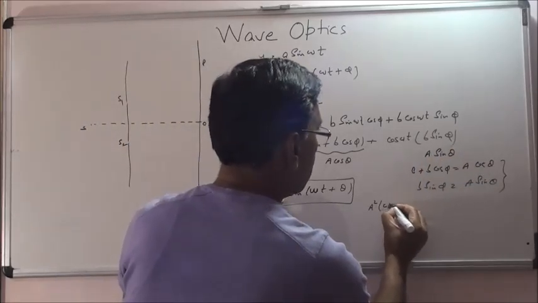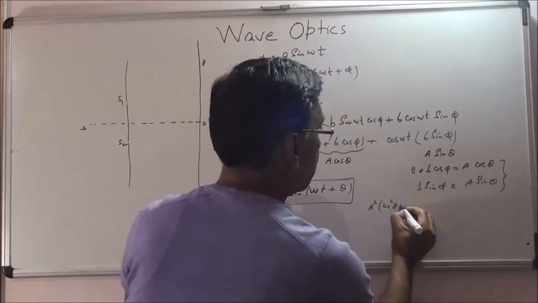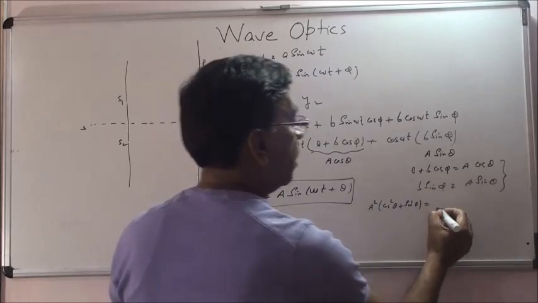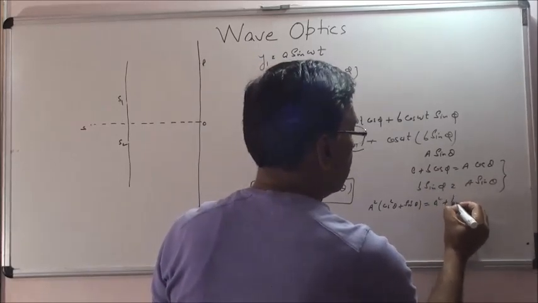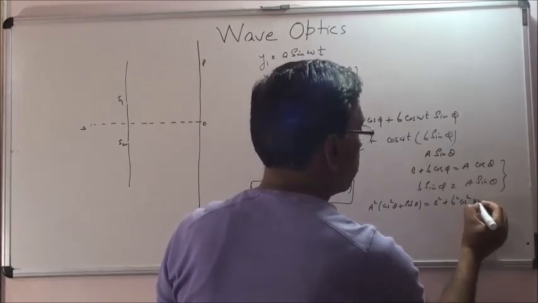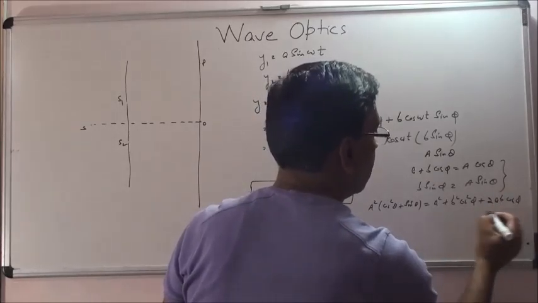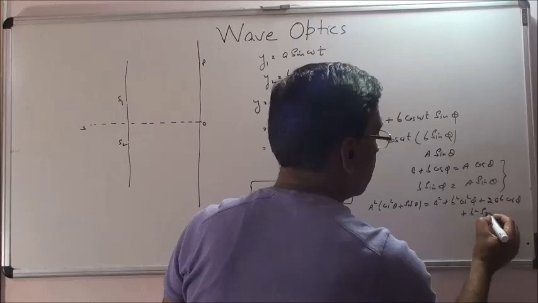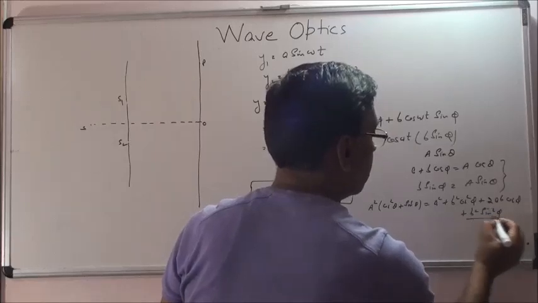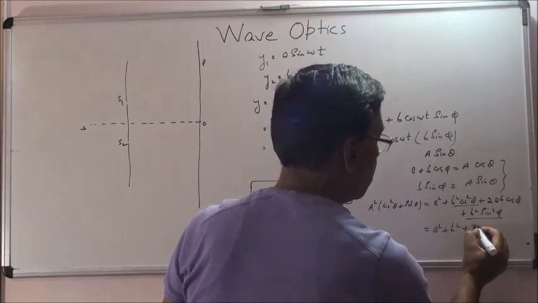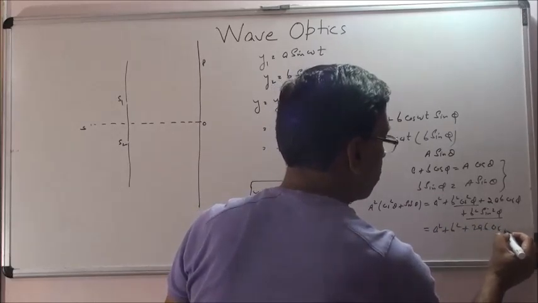A square cos square theta plus sin square theta is equal to squaring and adding: a square plus b square cos square phi plus 2ab cos phi plus b square sin square phi. This becomes b square. So it is a square plus b square plus 2ab cos phi.